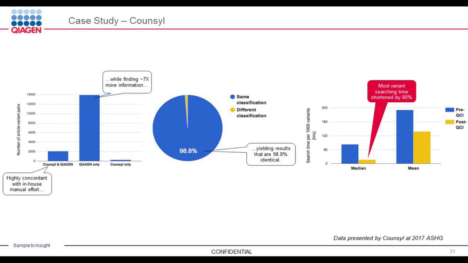But more importantly, a lot of this information provided a classification that was almost identical to their own manual effort, which gave them greater confidence that switching over to QIAGEN will not decrease the quality of their work. More importantly, they found that the median variant search time was reduced about 80%. So not only was the quality just as good, but each user spent 80% less time. Or the other way around, each scientist can scale fivefold their existing capacity.